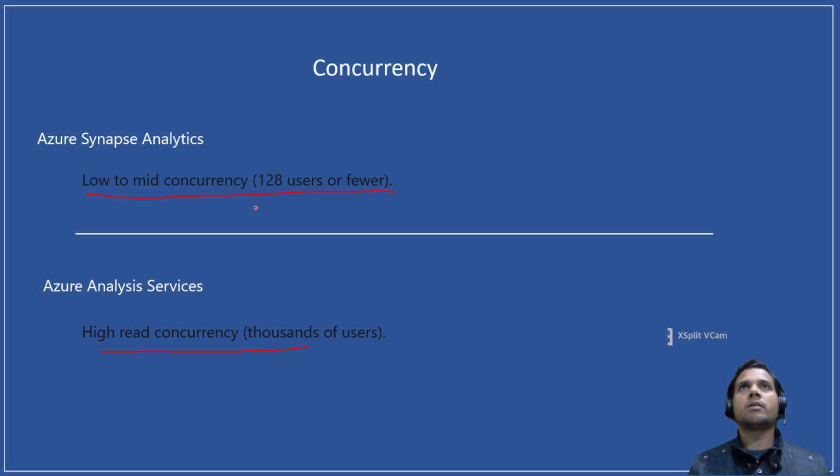Similarly, if more than 128 users are executing queries, the extra ones will not be executed. They will be queued based on the resources and the priority level defined within Synapse. In Analysis Services, because it supports thousands of concurrent users, most users can access the reports at a single point of time.